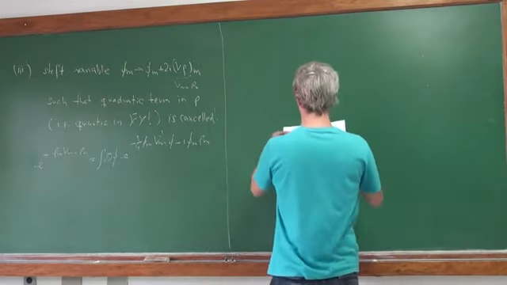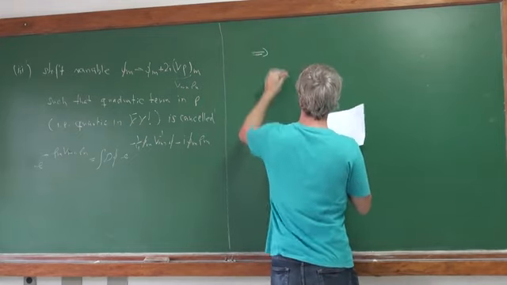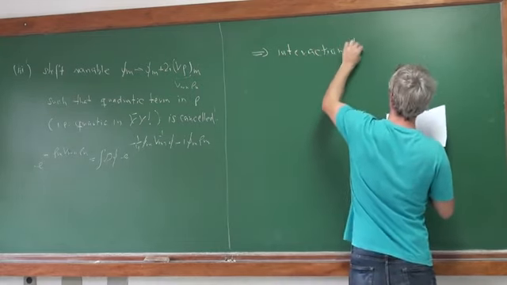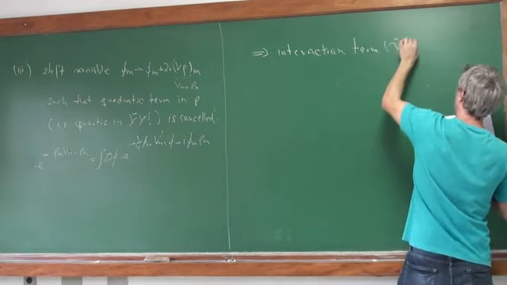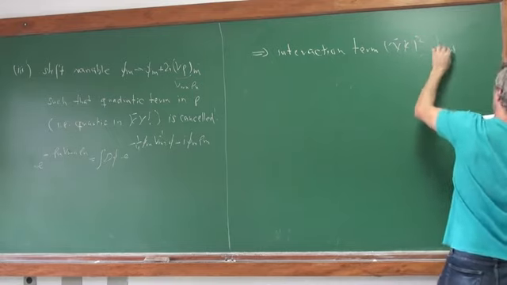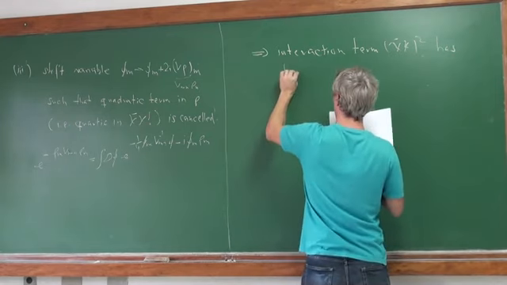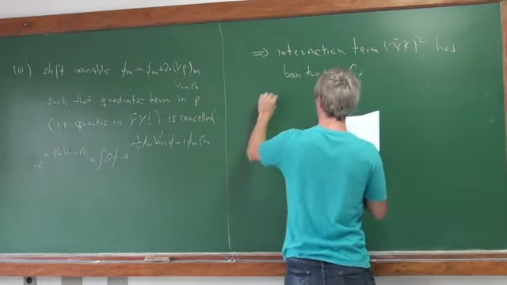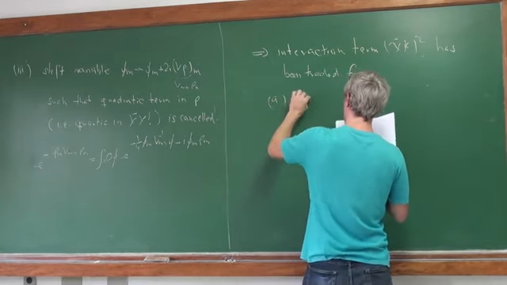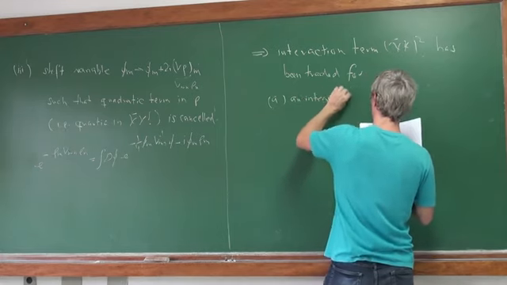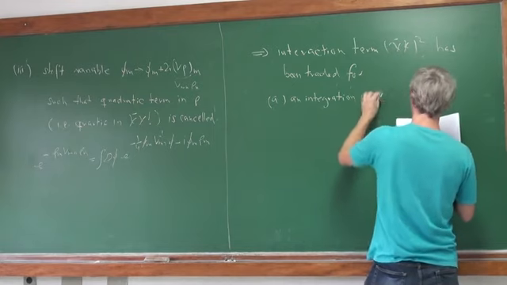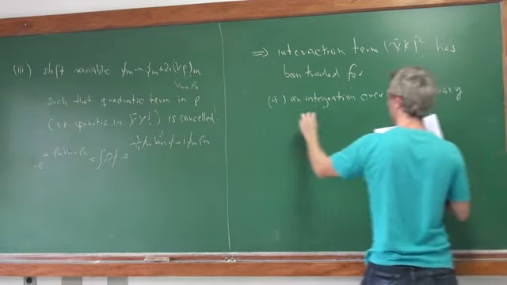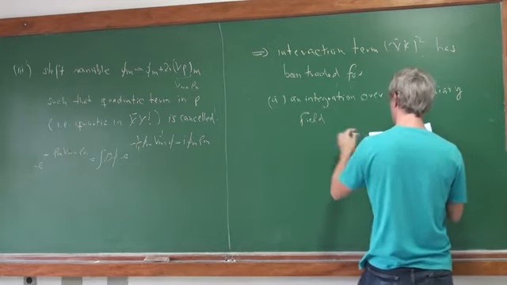So this is what we said we are after, where the interaction term C bar C squared has been traded for, A, an integration over this auxiliary field, which is also called the Hubbard-Stratonovich field.